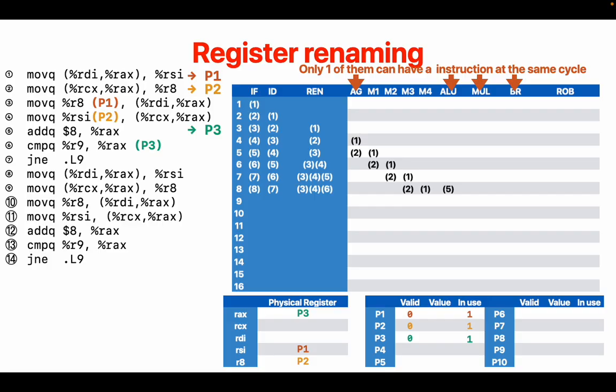Which one can I issue in the next cycle? First of all, can I do 3?